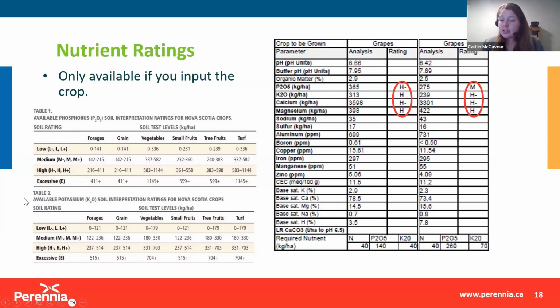These are tables available through the laboratory website, and they give you a general range of where these numbers fall, but not specific to grapes. However, you can look at the tree fruit and get a general sense of where you fall for all of these categories. And these ratings are only given for those 4 nutrients.